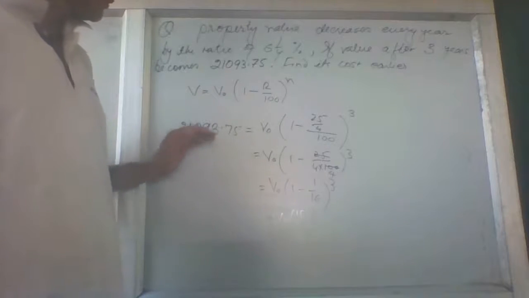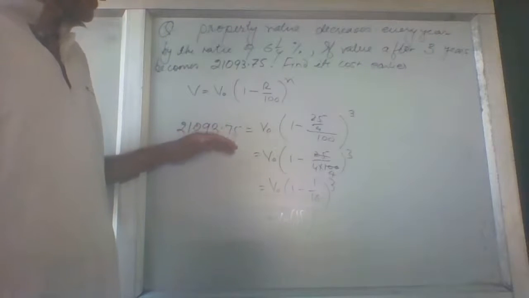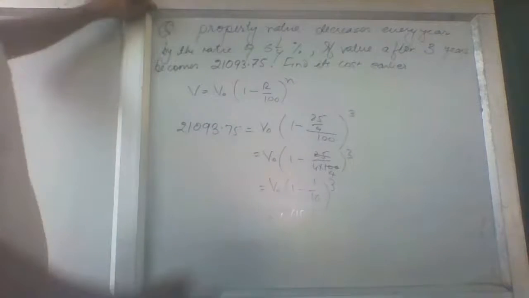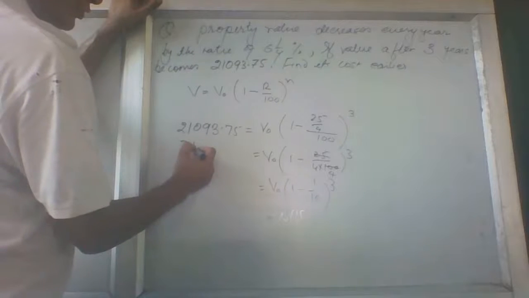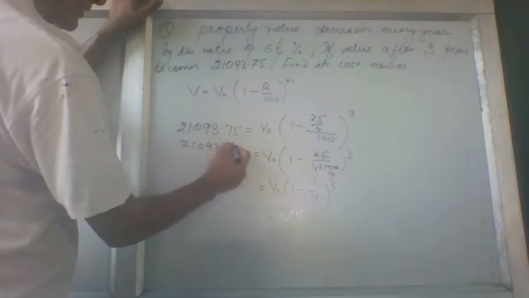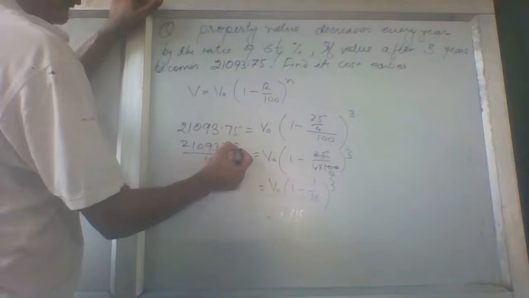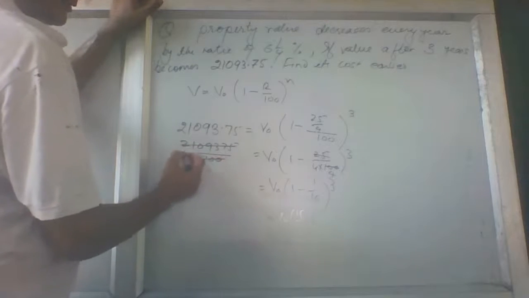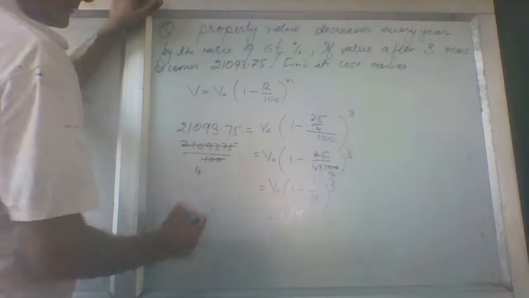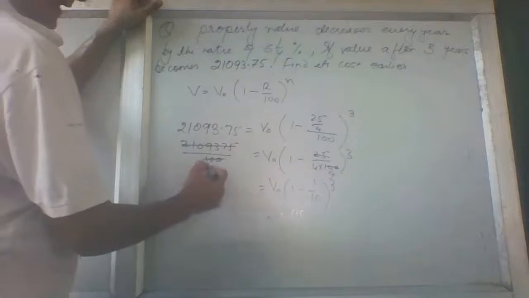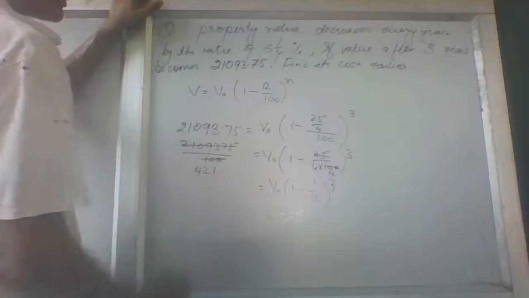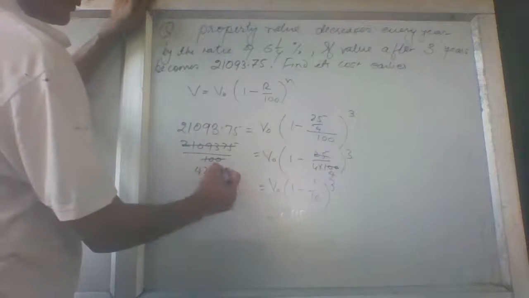Or we can remove the point and add 2 zeros underneath, which will be easy for us: 2109375 upon 100. Now divide by 5.